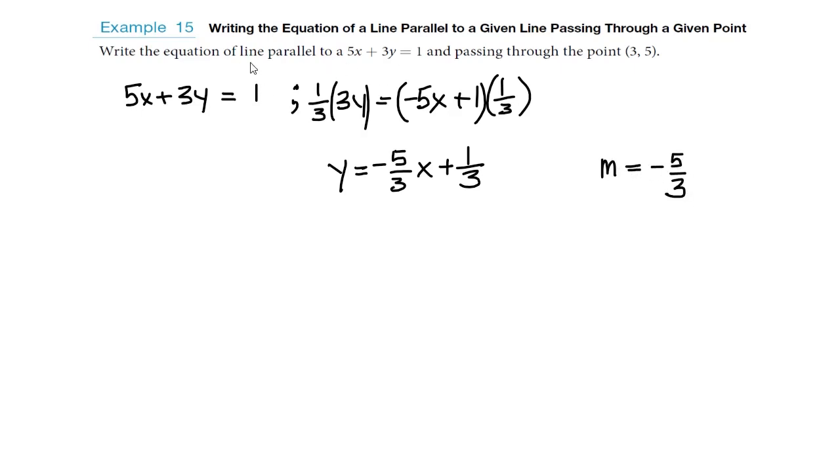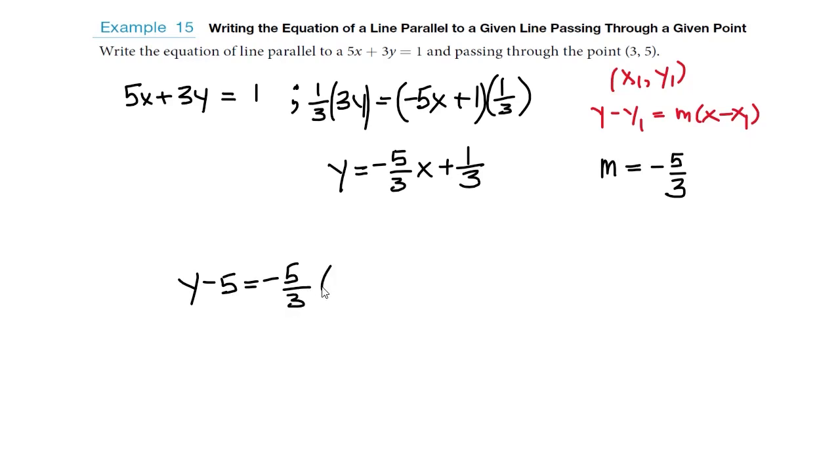So if I want to write the equation of a different line passing through the point 3, 5, I have to use the point slope form. So I have to use y minus y1 equals m times x minus x1. And of course, this is x1 and y1 here. And here's my slope. So y minus 5 equals -5/3 times x minus 3.